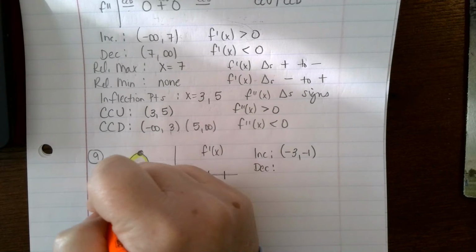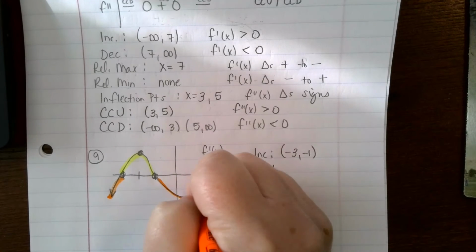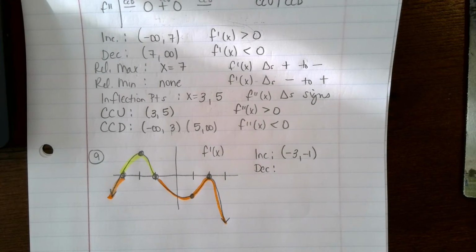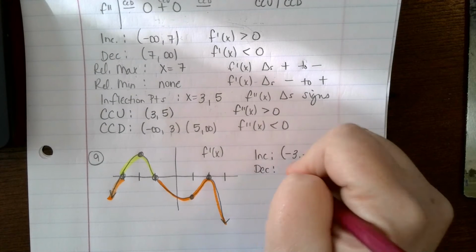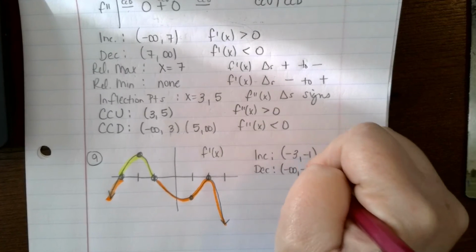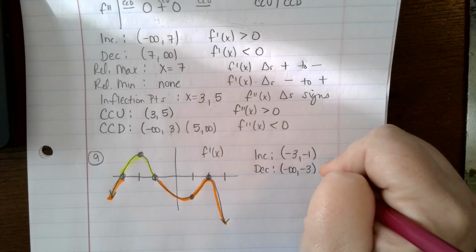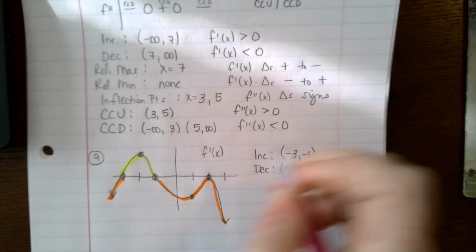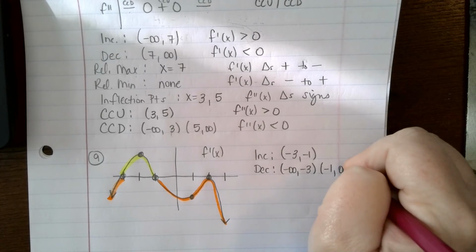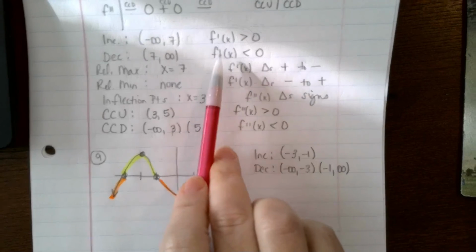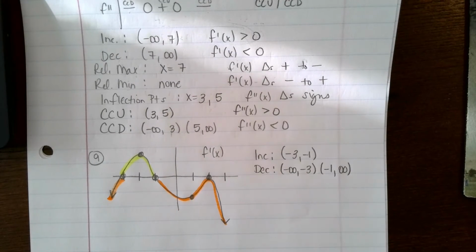When we're less than 0, or we're on the bottom, in those areas right there. So in this case, it'll be from -infinity to -3, and then again from -1 all the way to infinity. And the justification is because the first derivative is less than 0.